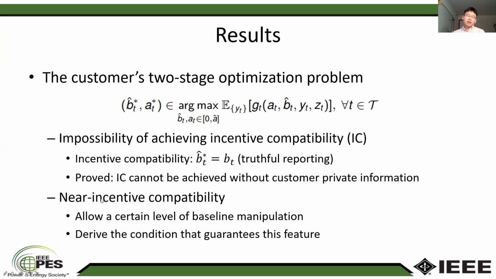Second, to address this issue, we bring up the concept of near incentive compatibility. This allows the customer a certain level of baseline manipulation. Also, we derive the condition that can guarantee this incentive compatibility.